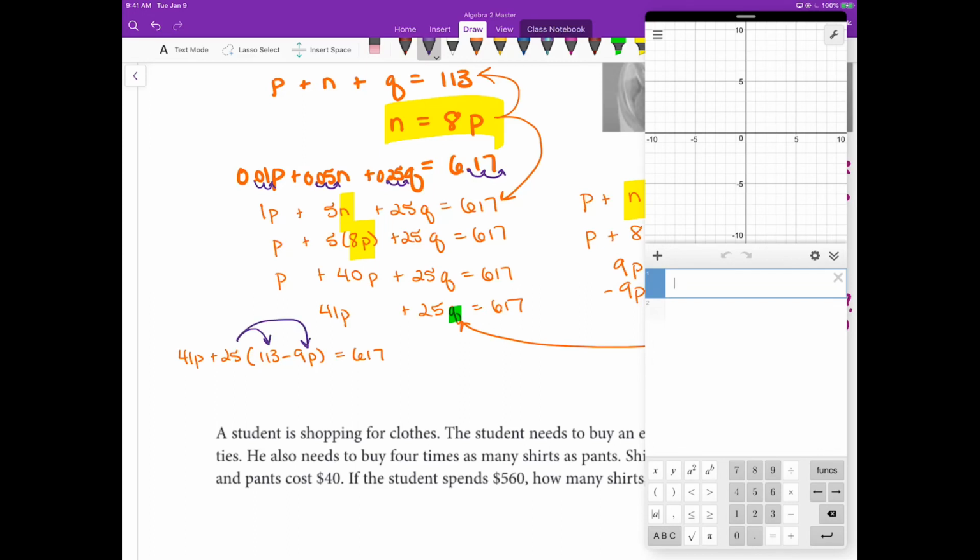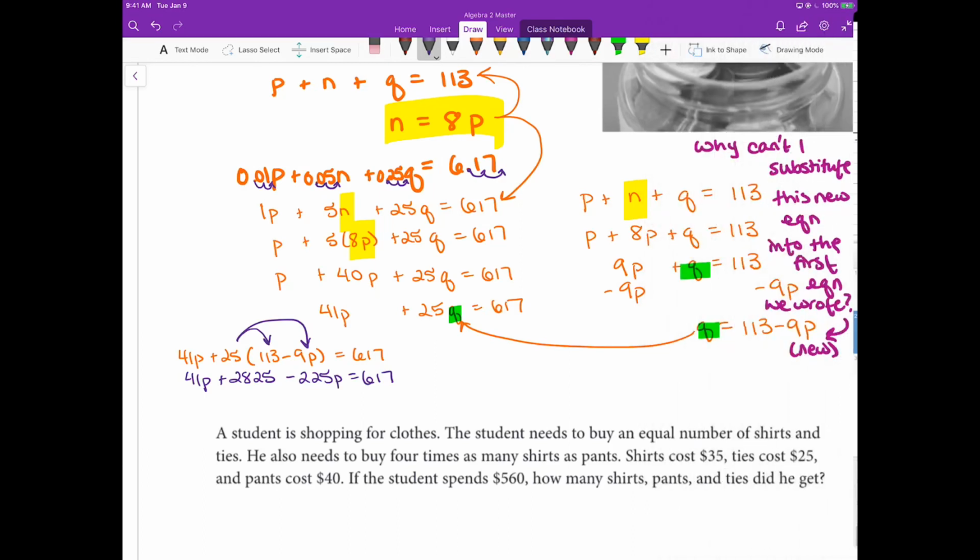So 25 times 113 is 2825, minus 25 times 9, which is 225p, equals 617, and we bring down the 41p as well. Let's write that better up here. 41p plus this. And now we'll combine like terms.